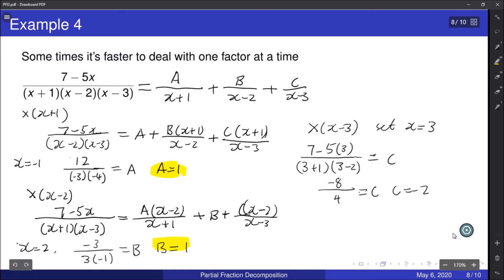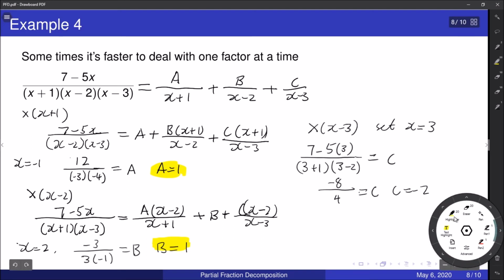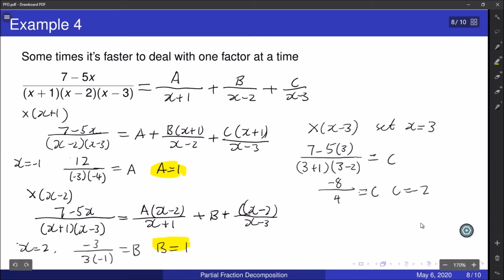I substitute everything in. Actually, let me highlight this. And so we end up with 1 over x plus 1 plus 1 over x minus 2 plus -2 over x minus 3.